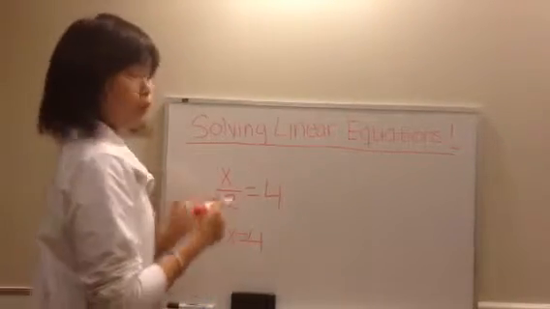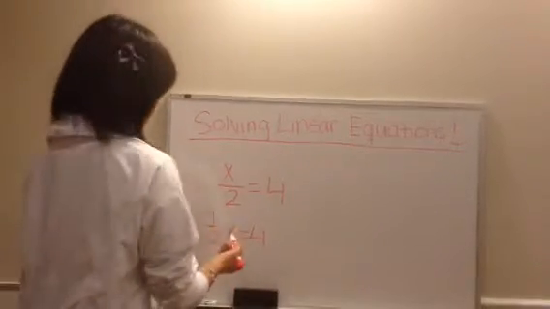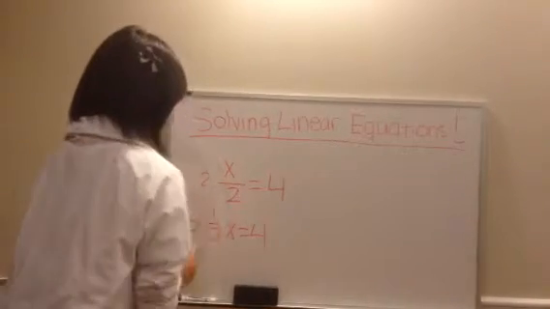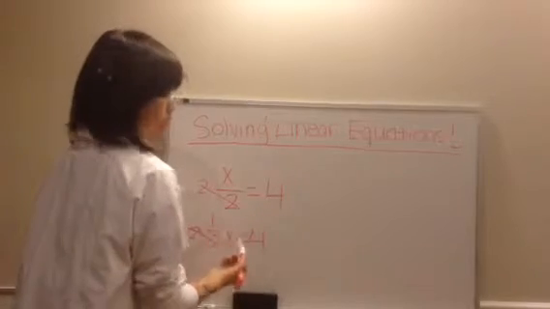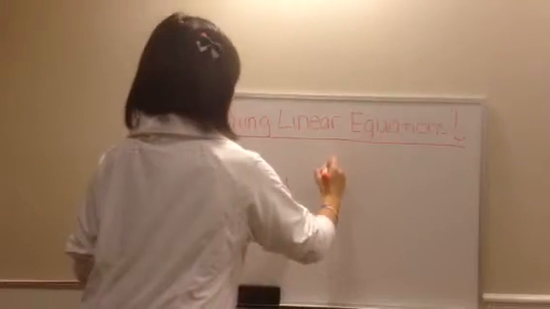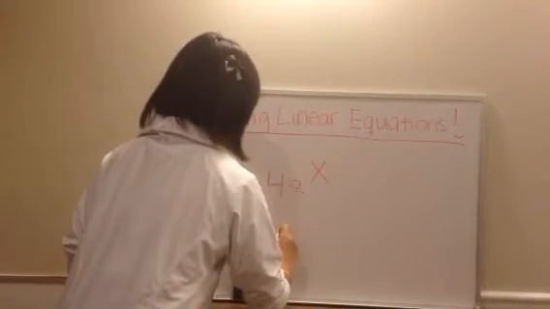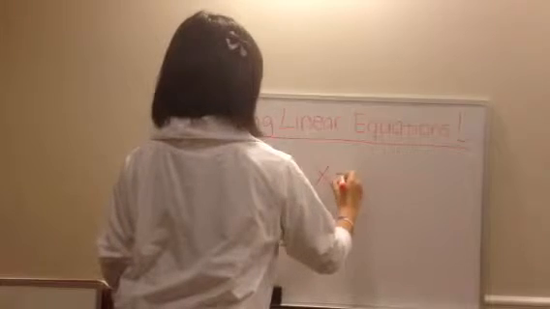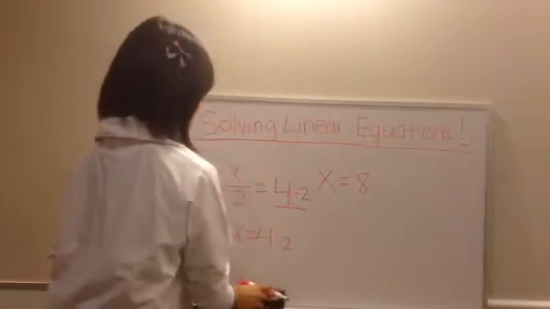In both cases, what you want to do to get x by itself is multiply by 2, because 2 times 1/2, the 2's cancel out, and you're left with just x, or 1x, which is still x. So in this case, you have to multiply 2 to both sides. Remember, both sides got to be equal. So in this case, x will equal 8, because 2 times 4 equals 8.